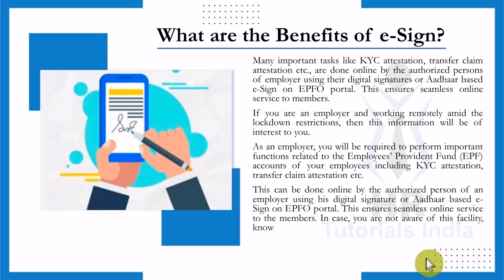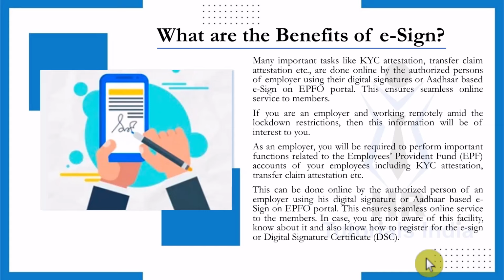In case you are not aware of the facility, know about it and also know how to register eSign or digital signature certificate DSC. In simple words, with the benefit of eSign, some of the tasks that employers can perform online using digital signatures and Aadhaar-based eSign on the EPF portal. As an employer, you are responsible for managing many important tasks related to your employees' provident fund accounts.